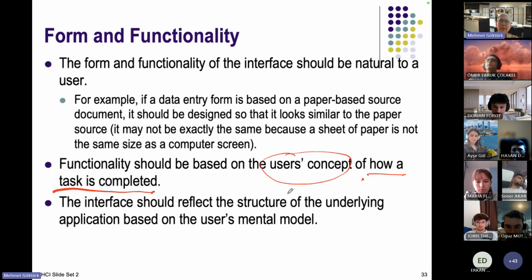If there is an explainable reason, there is always a plan B. Therefore, the interface should reflect the structure of the underlying application based on the user's mental model. So it is not how it is actually conceived by the developer, it is how it is envisioned by the user.